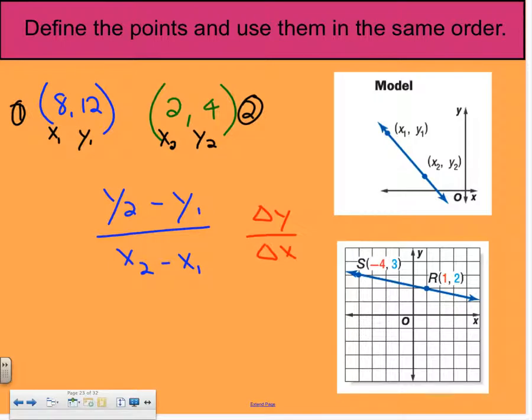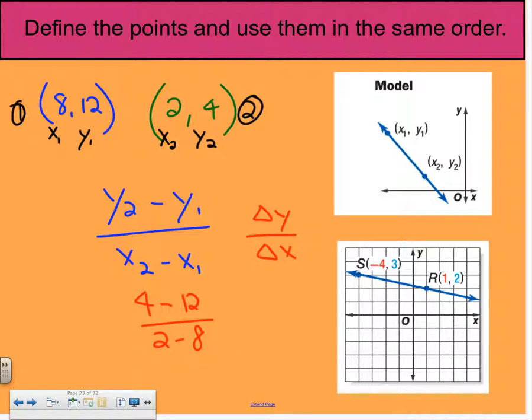Now, let's fill in the formula. What was y2? 4. What was y1? 12. What was x2? 2. And what was x1? 8. Now, what's 4 minus 12?